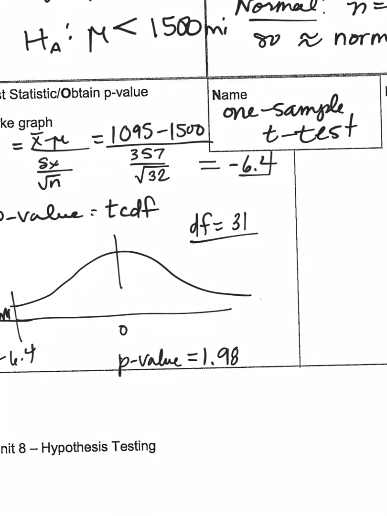Number one, could this value ever be above 1? Why not? Because it's the area under the curve, and so it can't be bigger than 1. So it's 1.98 times 10 to the negative 7. That is a really small number. If that p is low, and it is, we are going to reject the H naught.